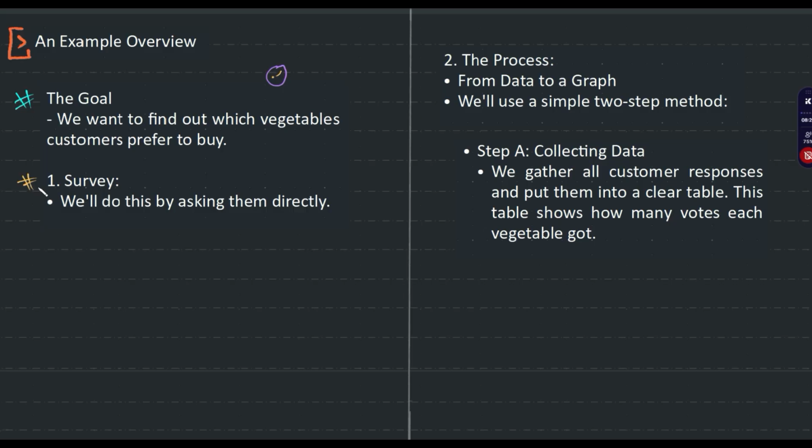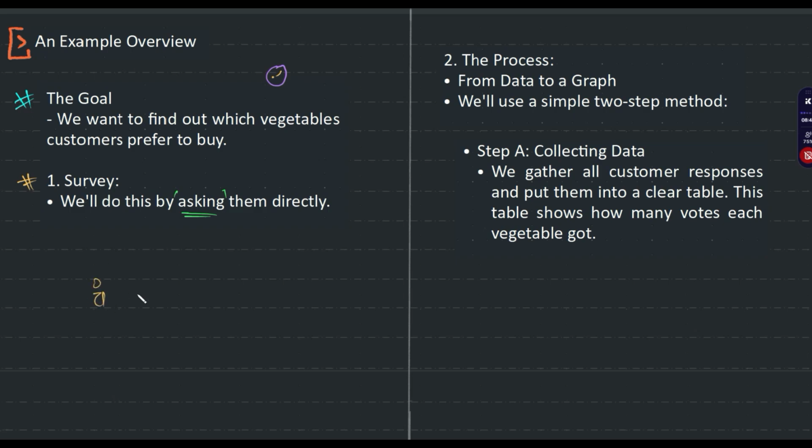First is survey. Survey is basically to ask things directly. There are other aspects also, but let me start with survey. So in this case, survey is the first step, that is asking, right? You have one week to make a decision.